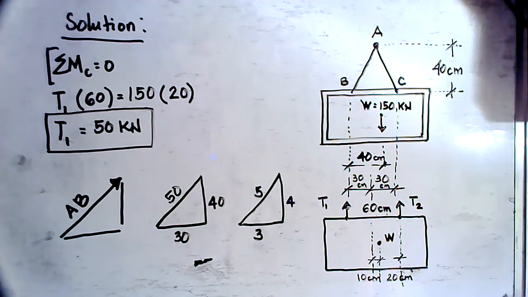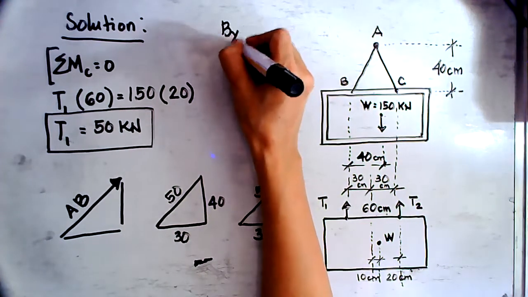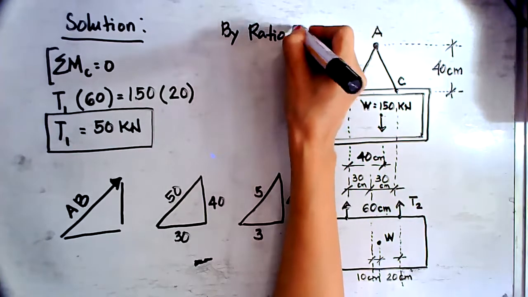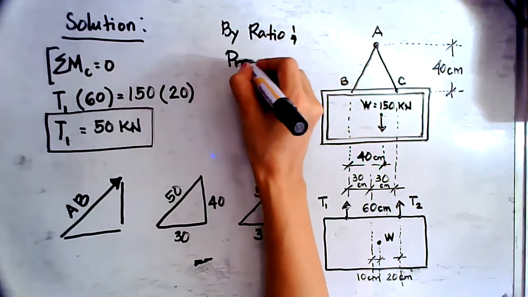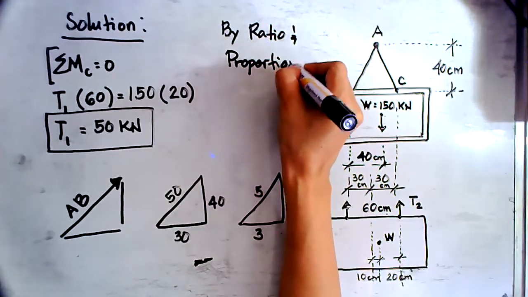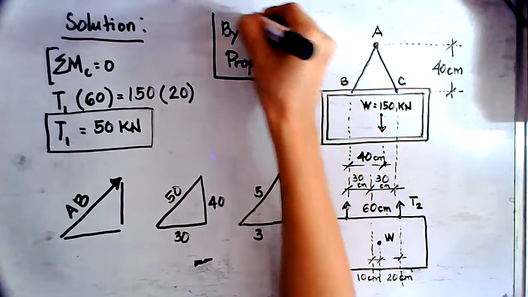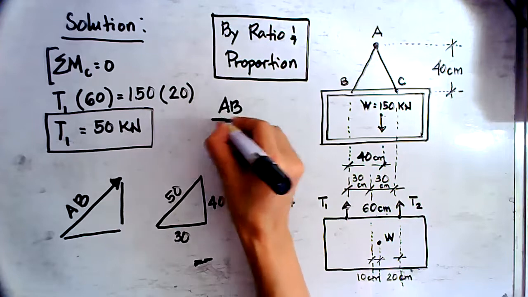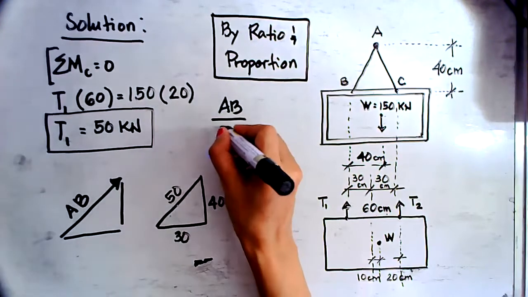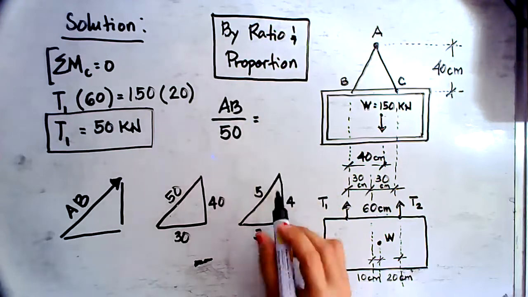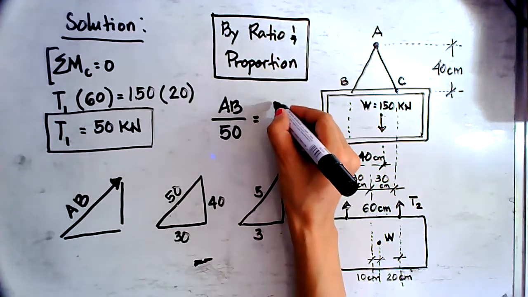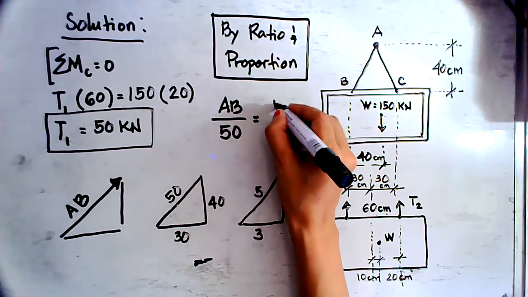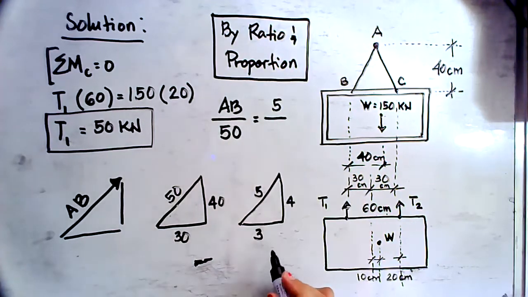If you are going to make use of this, we can make use of ratio and proportion. By ratio and proportion, we will have AB is to 50 as 5 is to 4.